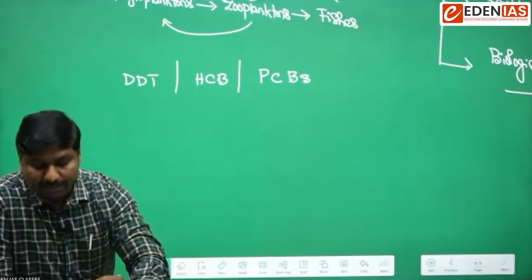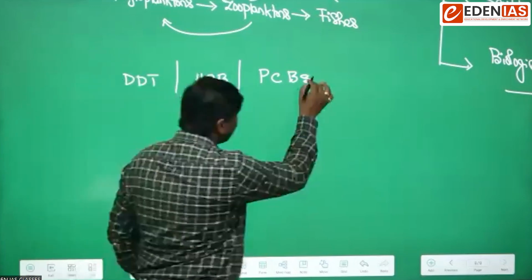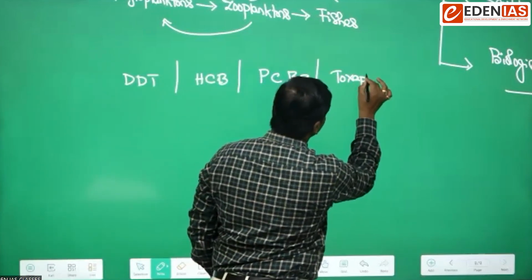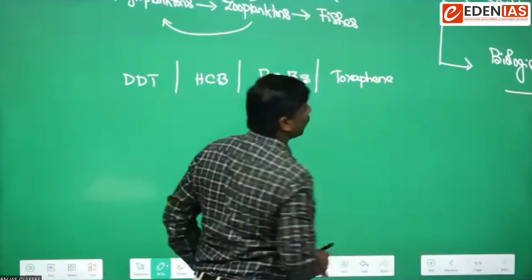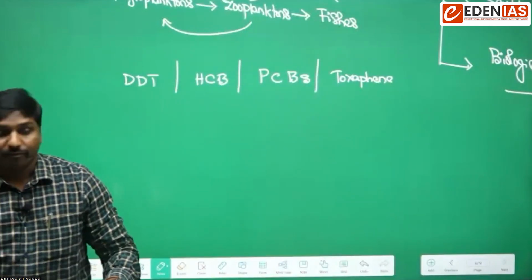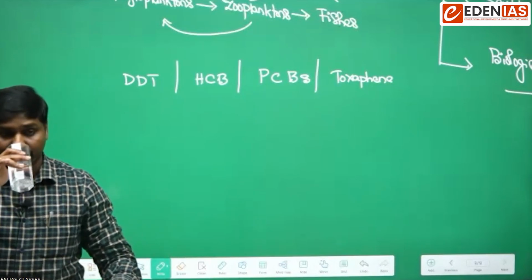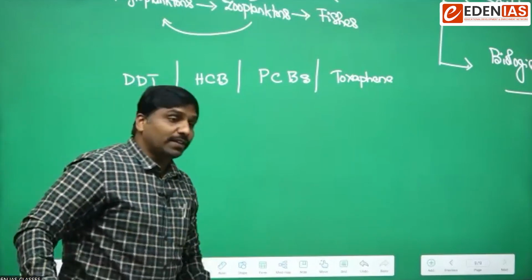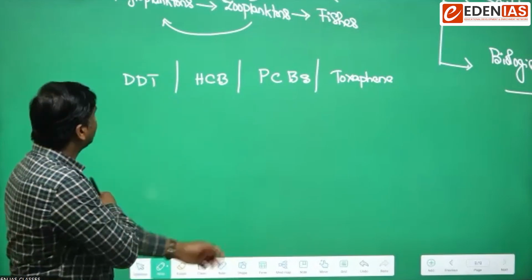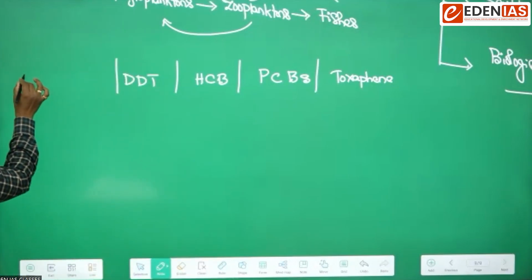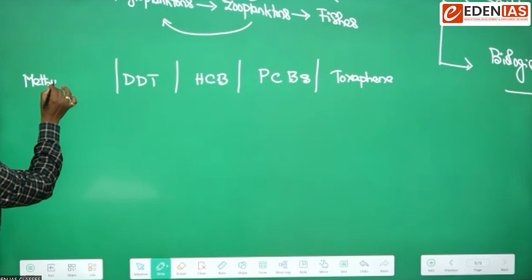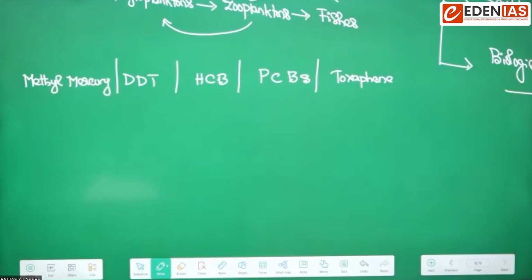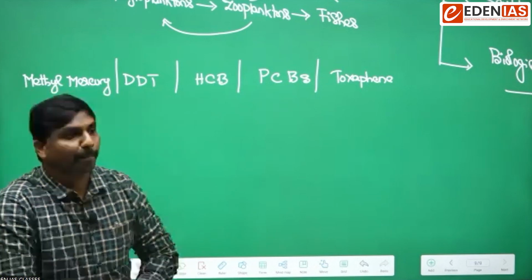In a similar fashion, there are other chemicals like toxaphene, which is another chemical commonly used as a pesticide or insecticide. And then we have other chemicals like methyl mercury, another pollutant that has the ability to become biomagnified.